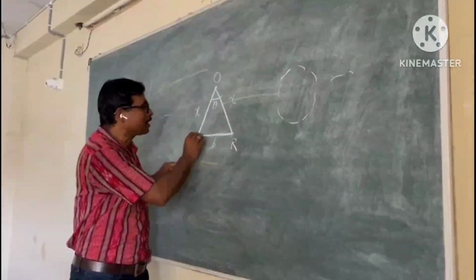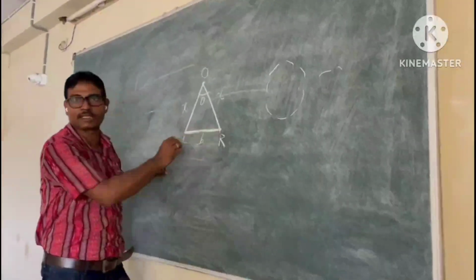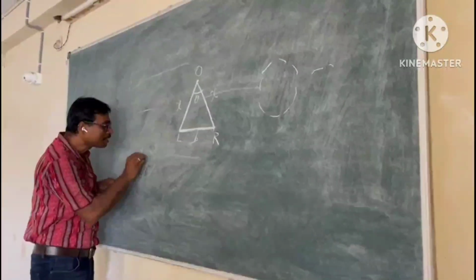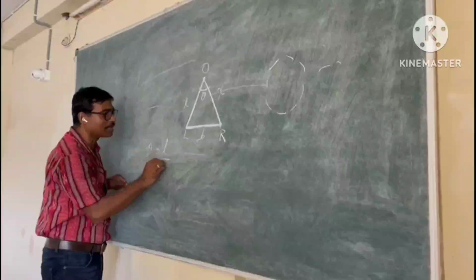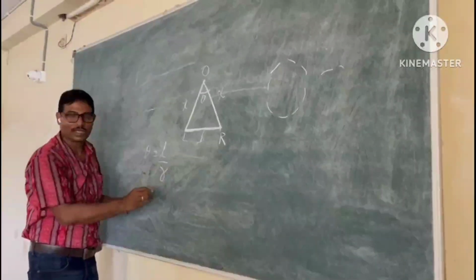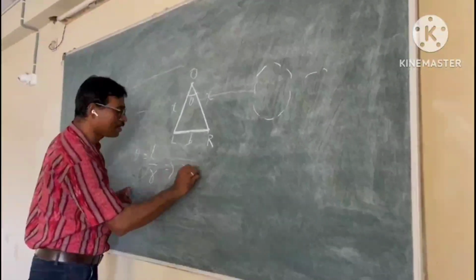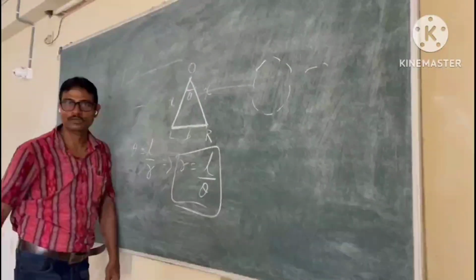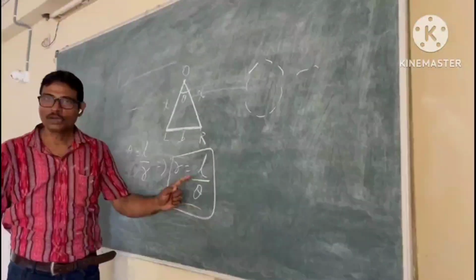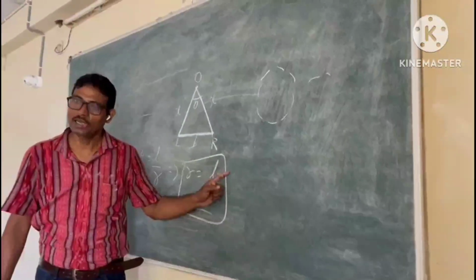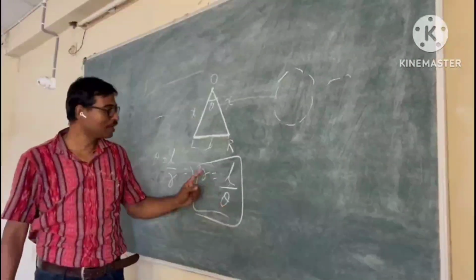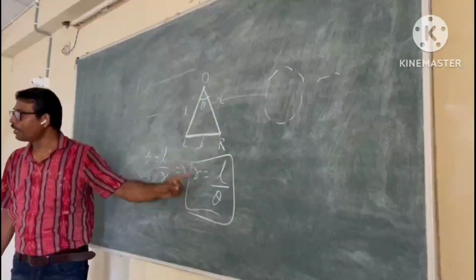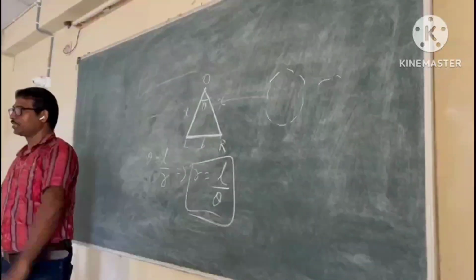This is the arc of length L, and this is the radius. So what will happen? Theta is equal to L by R, and R is equal to L by theta. If you measure the length of the arc, by knowing the angle theta you can calculate the radius, or the distance of the nearby star from the arc.